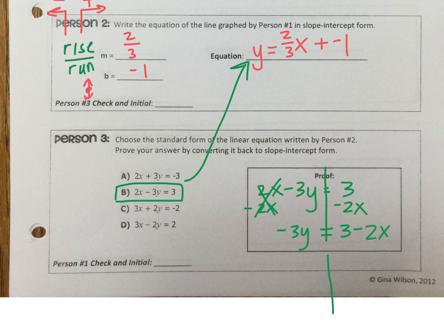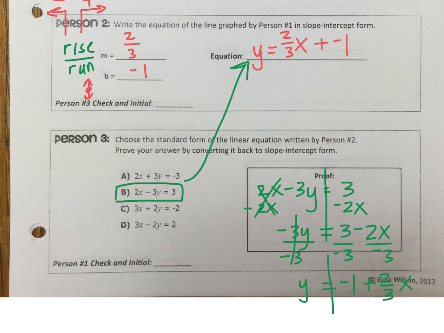The next thing we do is divide by the number in front of the y. That marks out. Y equals 3 divided by -3 is -1. -2 divided by -3, 2 negatives make a positive, 2 over 3x. Hope you can see that.